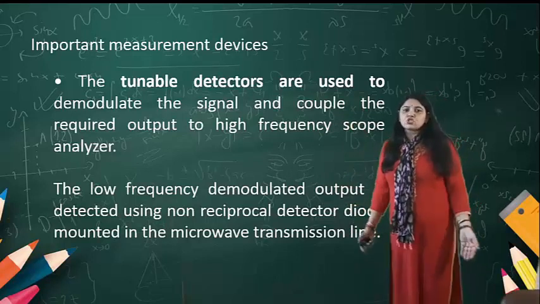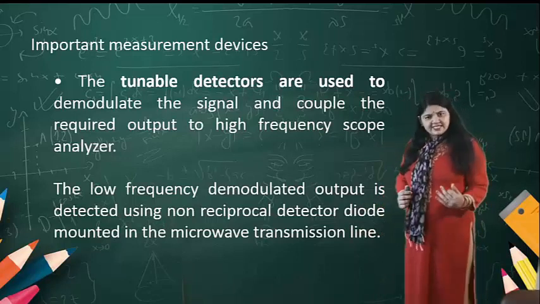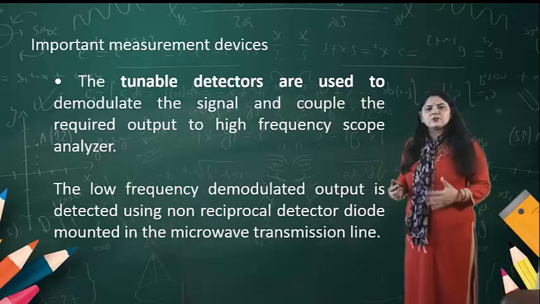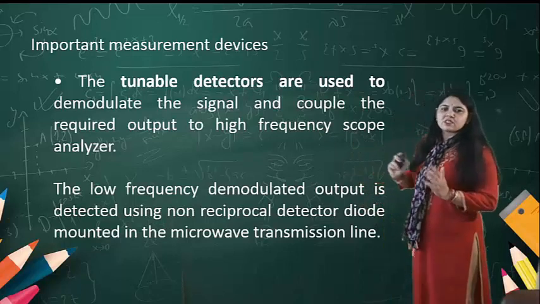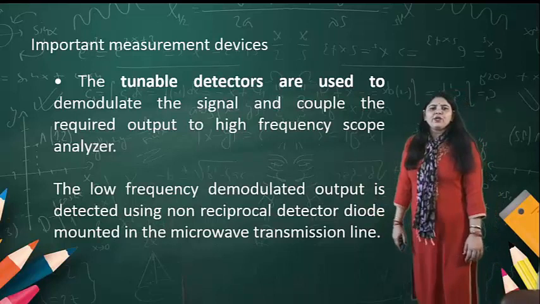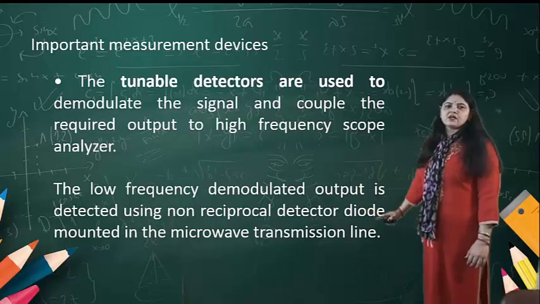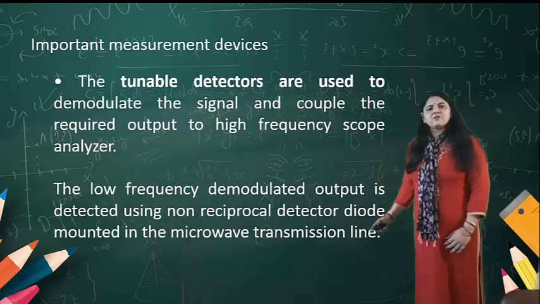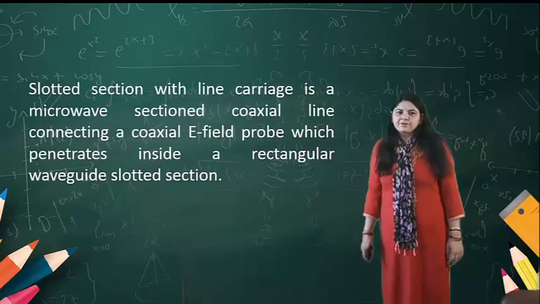It is used to demodulate the signal, and the demodulated output is used to couple the required output to a high frequency scope analyzer. The low frequency demodulated output is also detected using a non-reciprocal detector diode, which is mounted in a microwave transmission line.